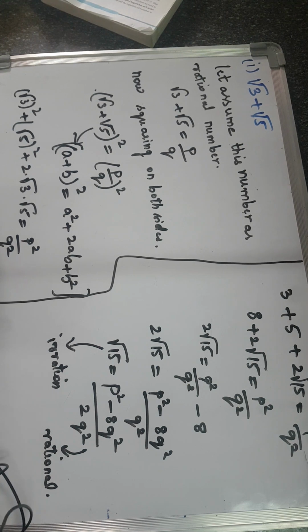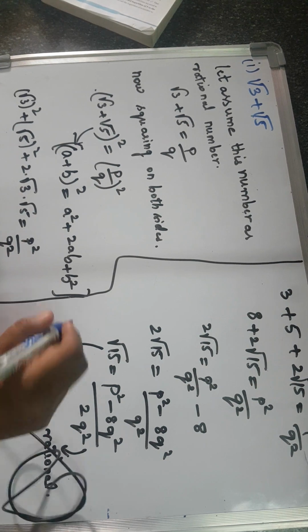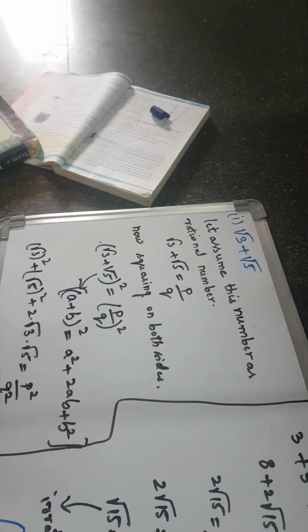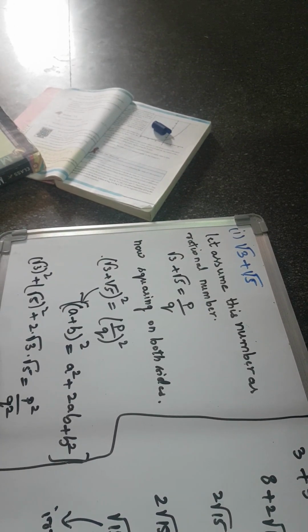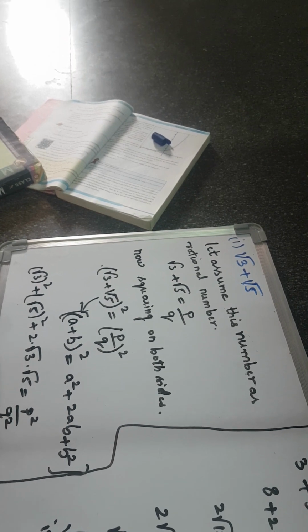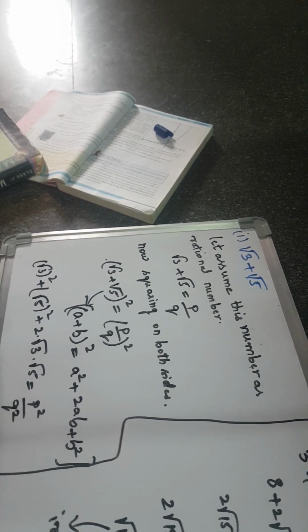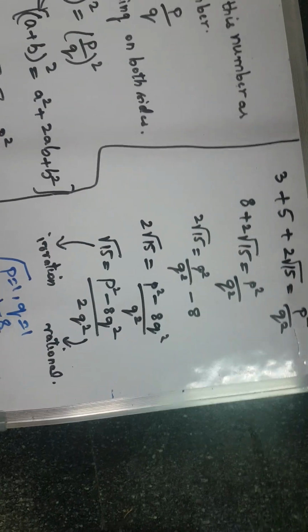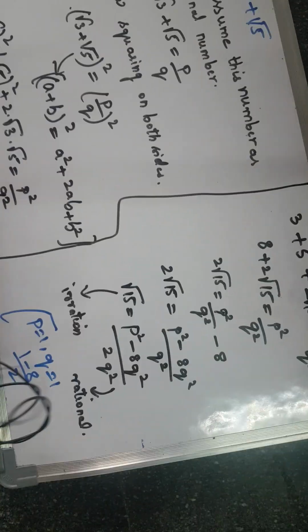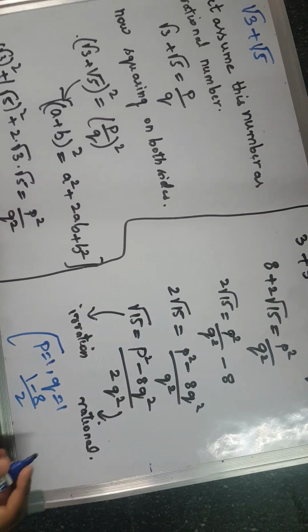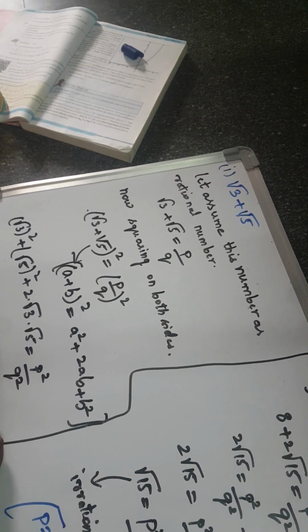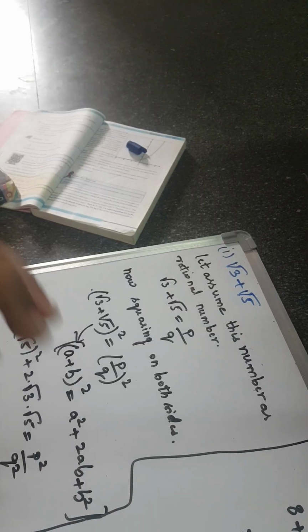So you can check, and this is the rough part. Take p value as 1 and q value as 1. 1 minus 8 by 2, this becomes minus 7 by 2, which is a negative rational number.